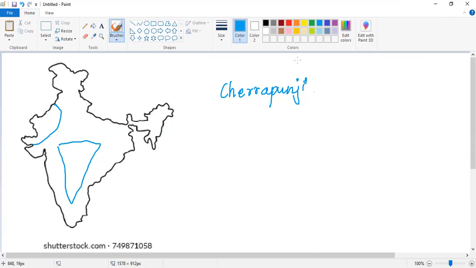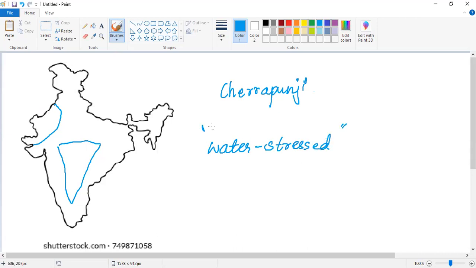And then the third point: parts of Madhya Pradesh, Odisha, Maharashtra, Manipur, Mizoram, and Tripura also come under water stressed conditions.